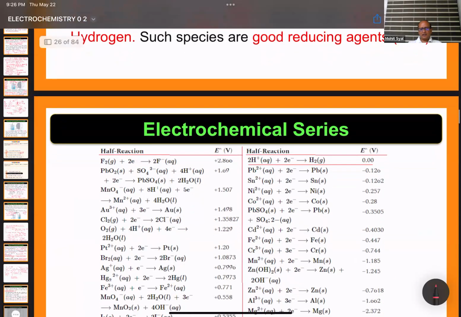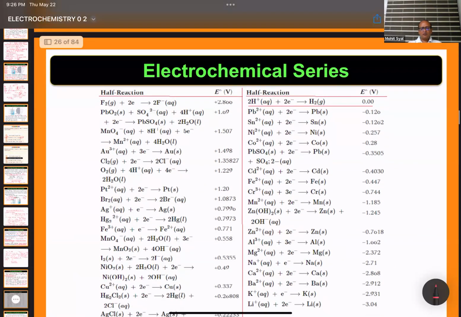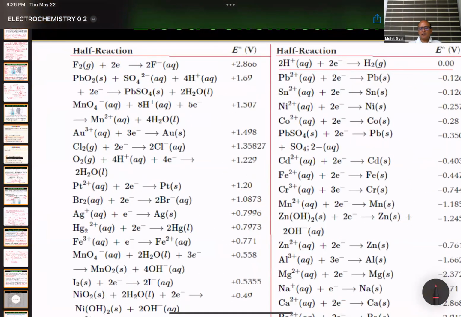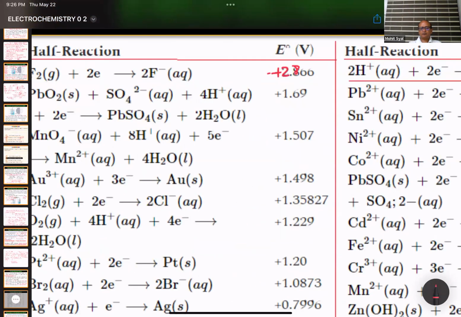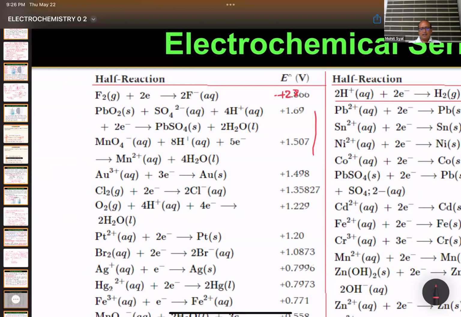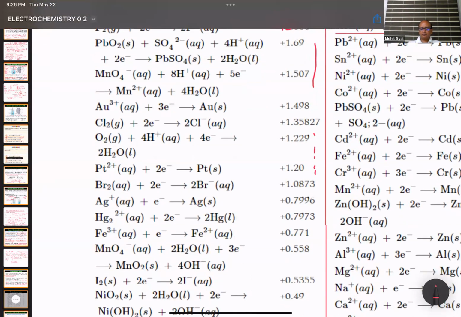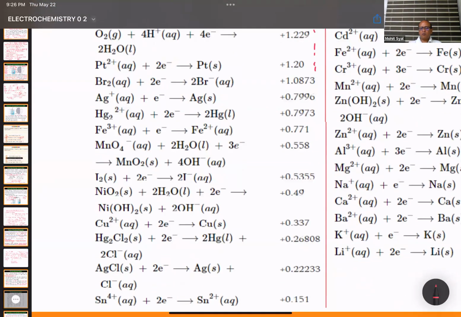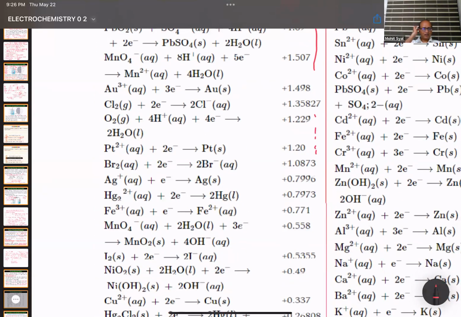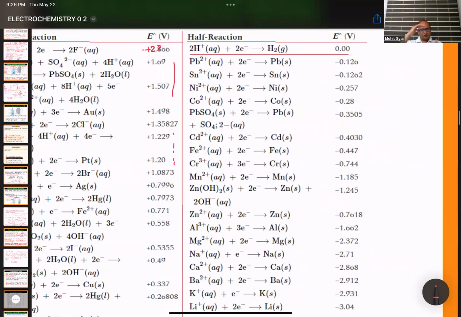This is the electrochemical series. You can see that some elements like F2 are at the highest value, plus 2.8. And as you come down, you have lesser and lesser positive values. You can see these positive values are decreasing, and this one is the reference value, 0.